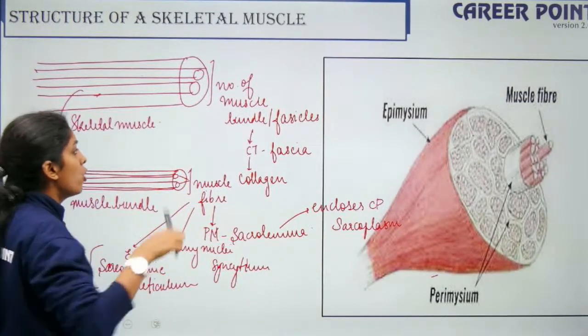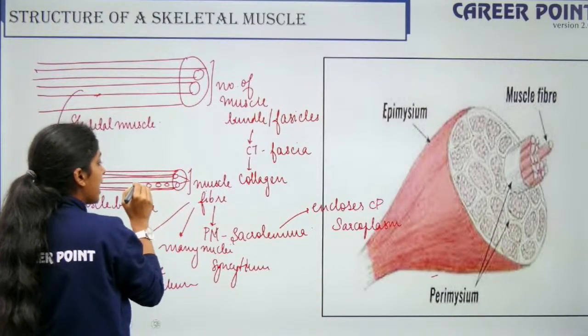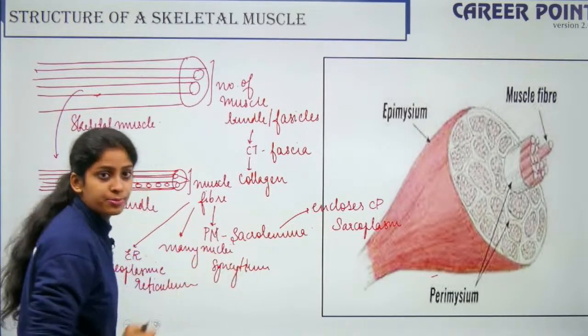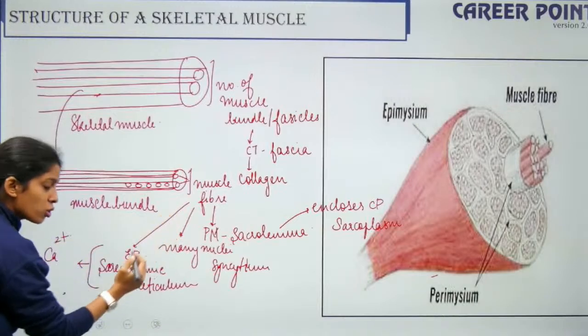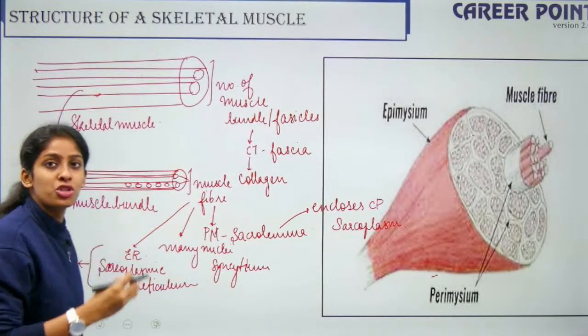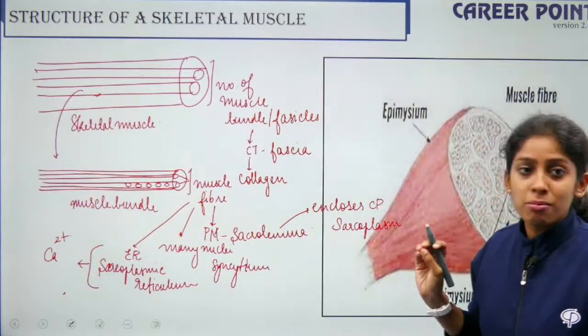Usually a cell should have only one nucleus, but it has many nuclei like this. This condition is known as syncytium. It also has an endoplasmic reticulum known as sarcoplasmic reticulum, which is rich in calcium ions. So this is the structure of the muscle fiber.